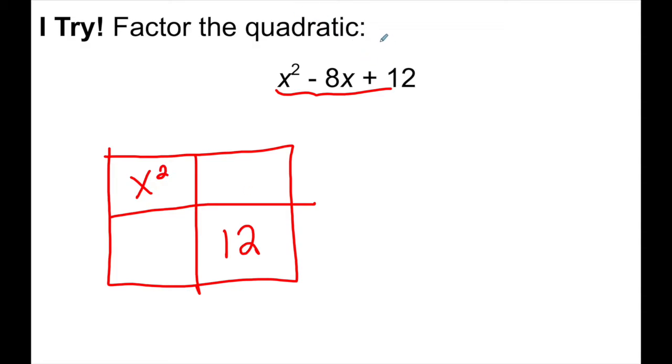Here's another thing I noticed. I noticed that while this number c is positive, this number b is negative. So remember, when you get a positive by multiplying, either you multiplied a positive by a positive or a negative by a negative. My apologies.